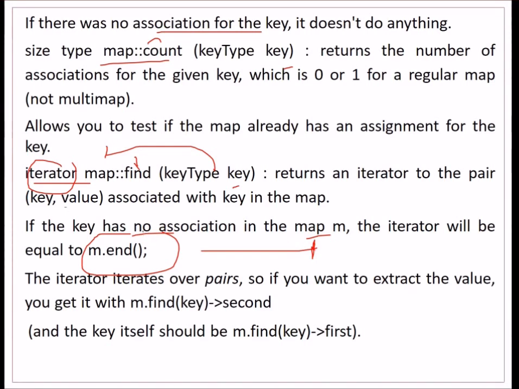The iterator iterates over pairs. So if you want to extract the value, you can easily get it by M dot find key, then second, and the key itself is at M dot find key first. The first will be the key, and then you can easily find the values. This is how we use this find function.